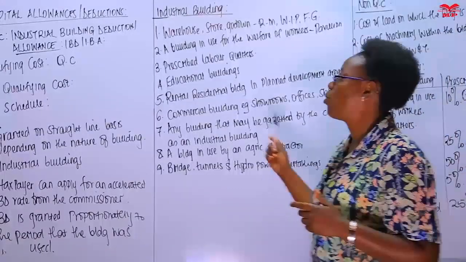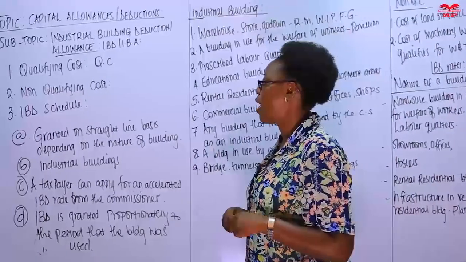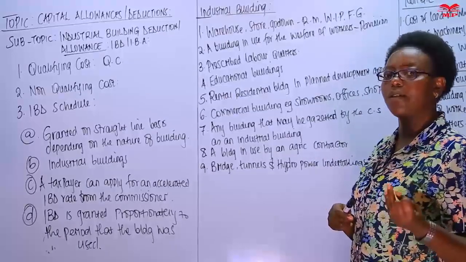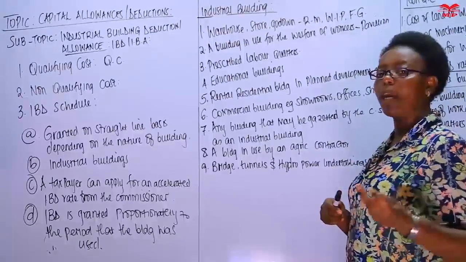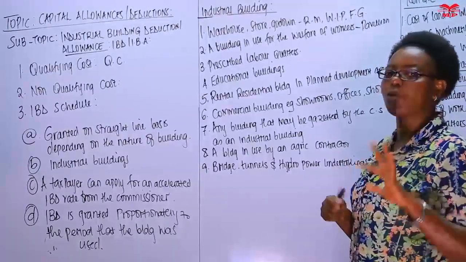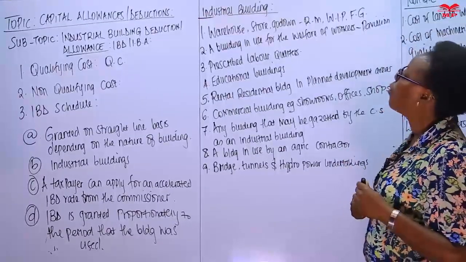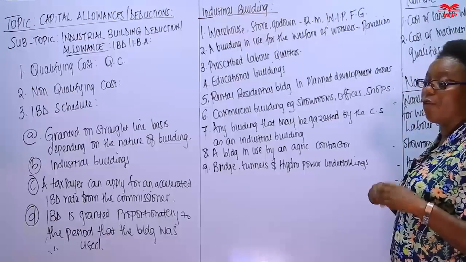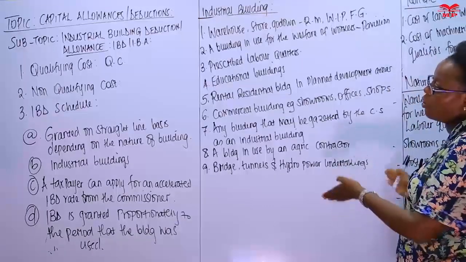We have made some general comments on industrial building deduction, where we said you prorate it to the period of use and you grant it depending on the nature of the building and the prescribed rate that the commissioner has given. We also defined what an industrial building is, and we read from the Act, and then we summarized the Act on the board.